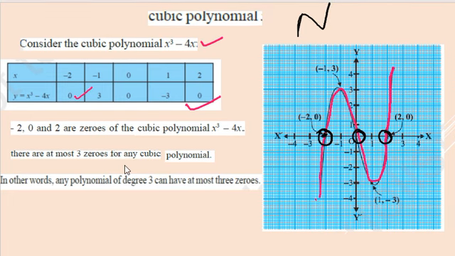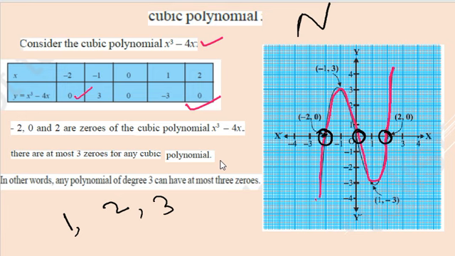There are at most 3 zeros for any cubic polynomial, right? In other words, any polynomial of degree 3 can have at most 3 zeros. For quadratic 2, for cubic 3, for linear 1. These are the points to keep in mind.